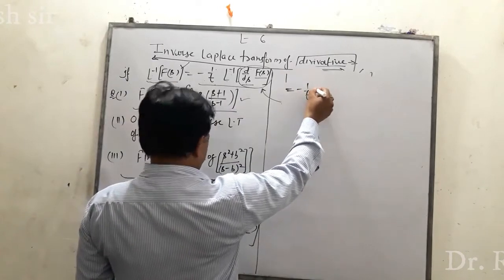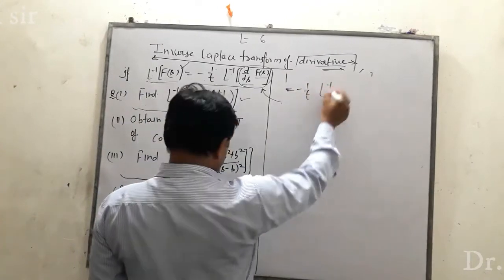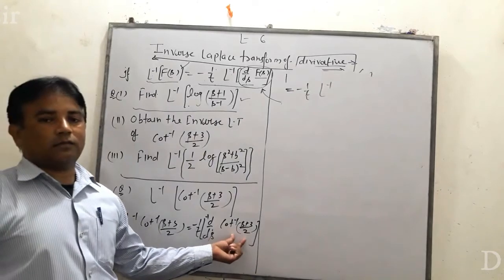Minus 1 by t times the Laplace inverse of the derivative of this function.